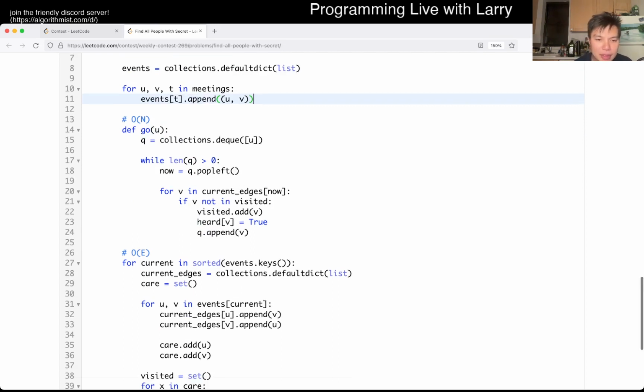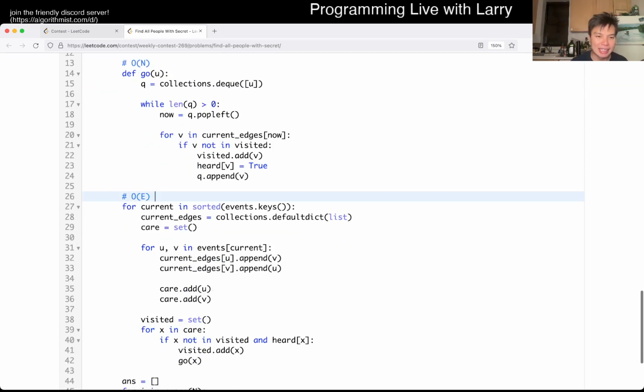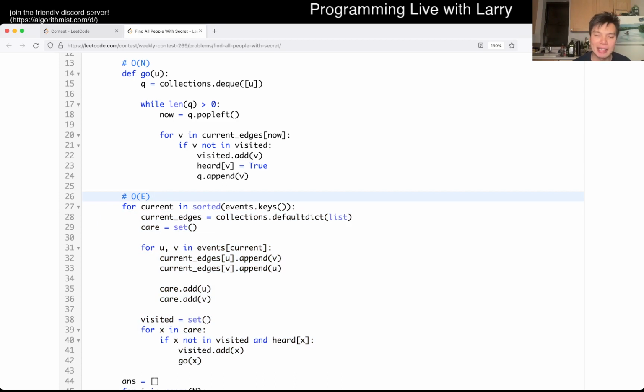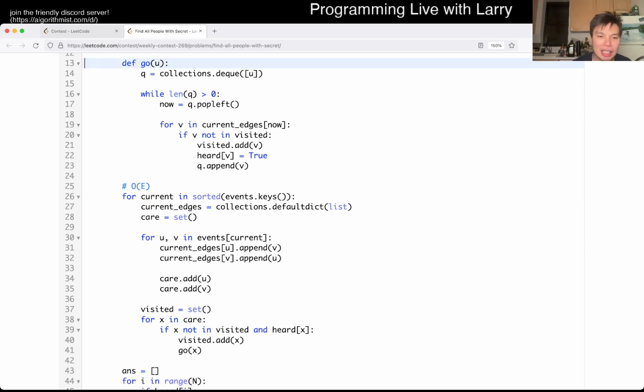But the reason why this is not O of N times Y is because it gets dominated by the Y, right? That means that for every edge, the sum of all these things is going to be O of Y, in an amortized kind of way. I don't really have a great explanation about this, but you can think about it as, okay, if all the edges are happening in one time slot, then what happens, right?